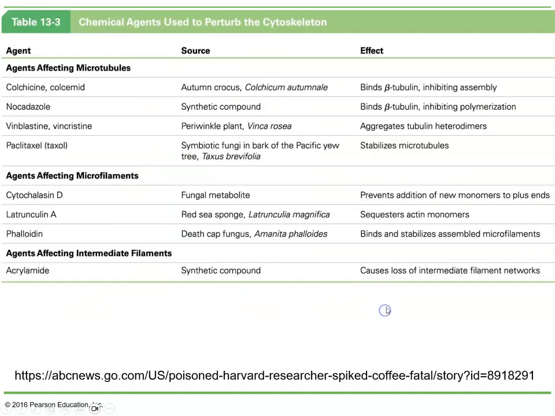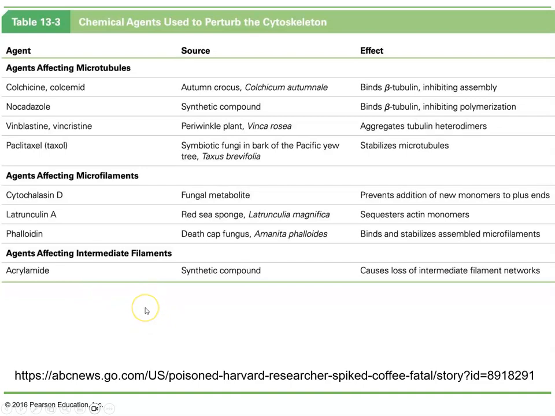So if we look at one of them that is shown in this, it's a synthetic compound. It's acrylamide. It causes loss of intermediate filament networks. So those things can be used to mess with the structure. There was a story of a poisoned Harvard researcher, where someone was angry with their primary investigator, and I guess they were squirting acrylamide in that person's coffee, and they got really sick.